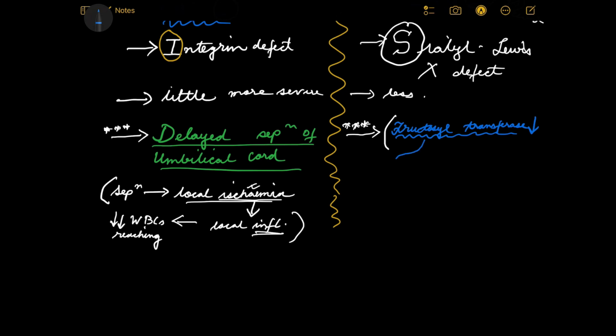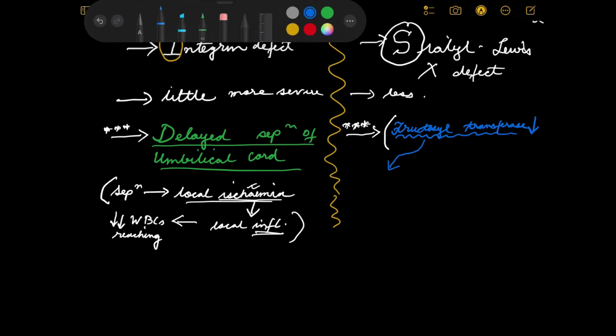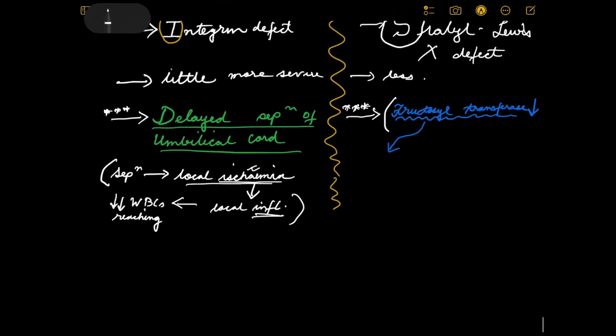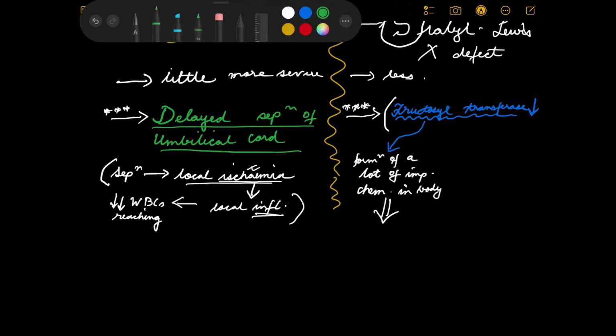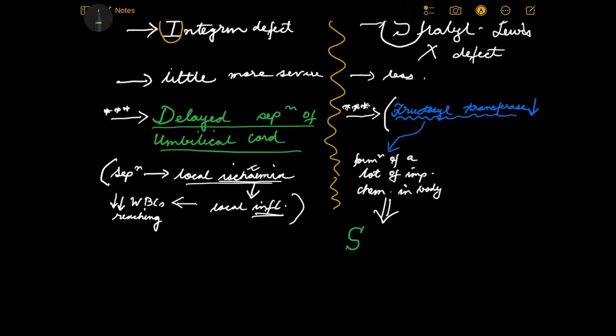One function, actually it's not a very specific function, is the formation of a lot of very important chemical mediators in our body, which would mean that if fructosyl transferase is deficient, the clinical manifestation here is that the patient would have short stature.